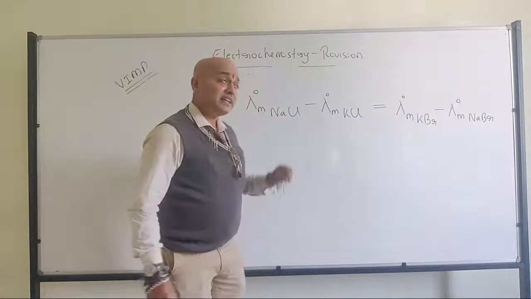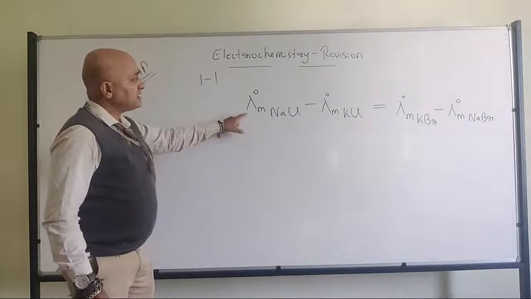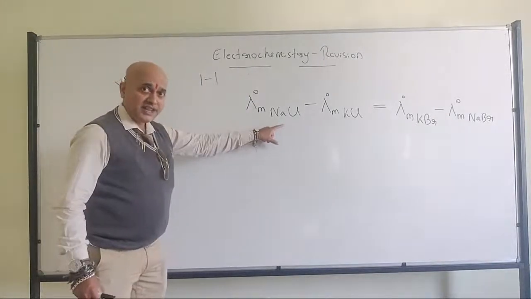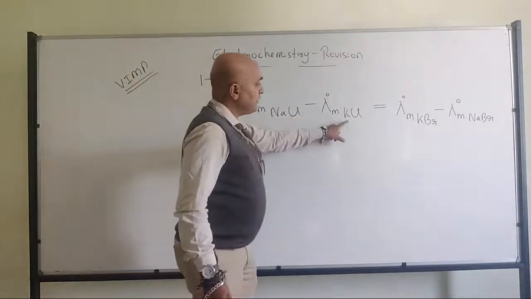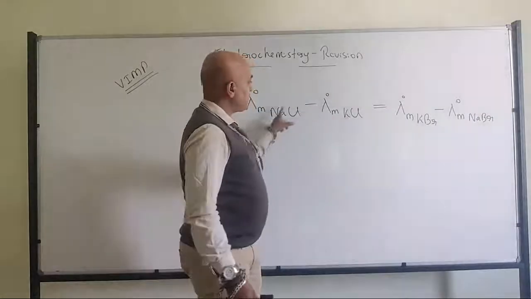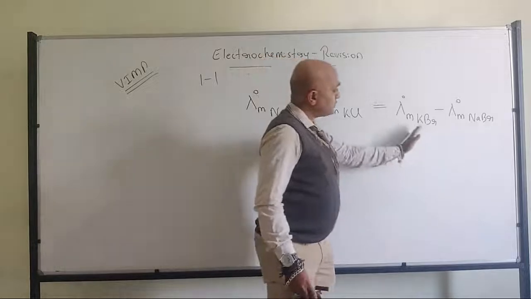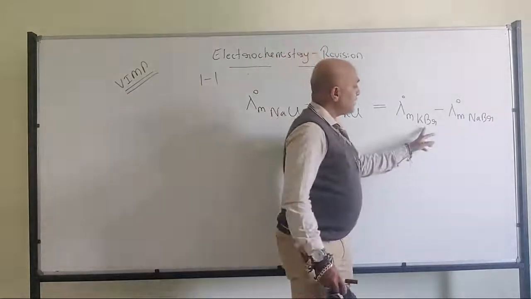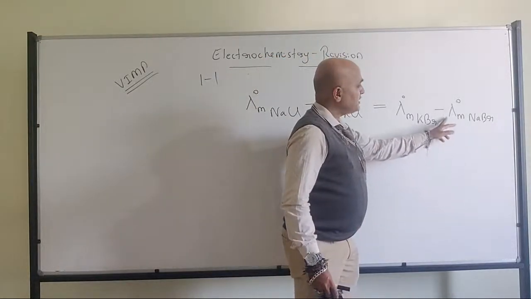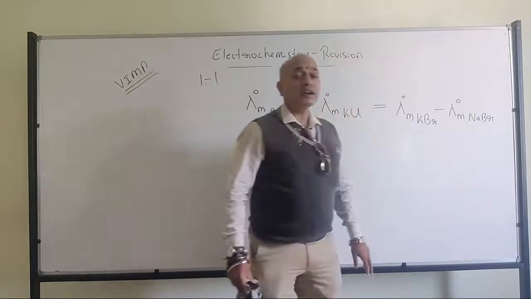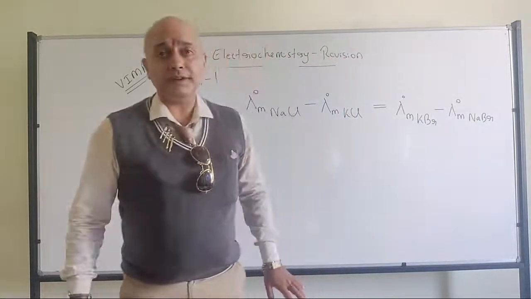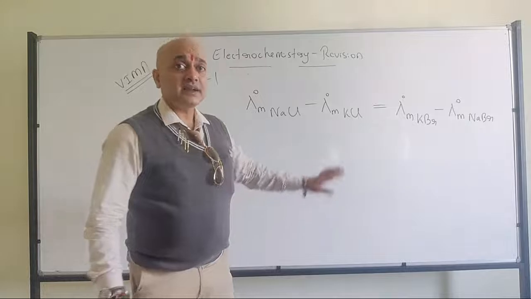So in that way, if I take the limiting molar conductivity of NaCl and deduct the limiting molar conductivity of KCl from it, I am going to have some value, and that will be equal to the limiting molar conductivity of KBr deducted by the limiting molar conductivity of sodium bromide. Why is this applicable?